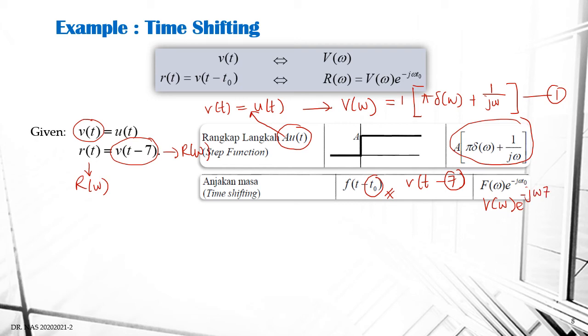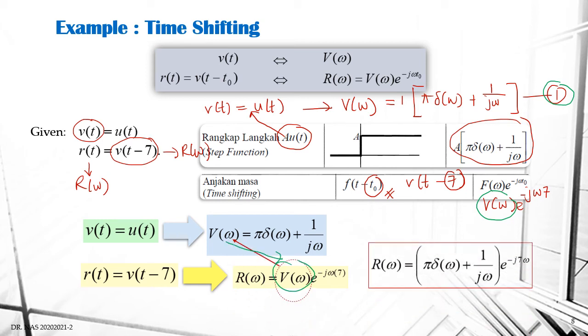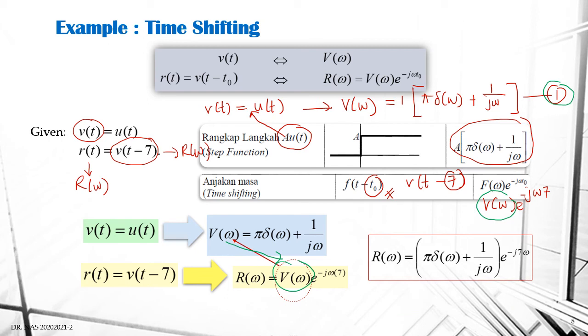And V(ω) is from the first equation, so you need to replace equation 1 into the second equation. So R(ω) equals V(ω) multiplied by the exponential e^(−j7ω).